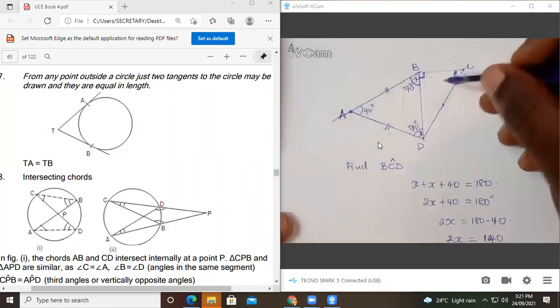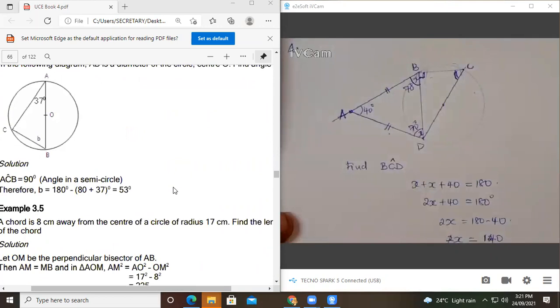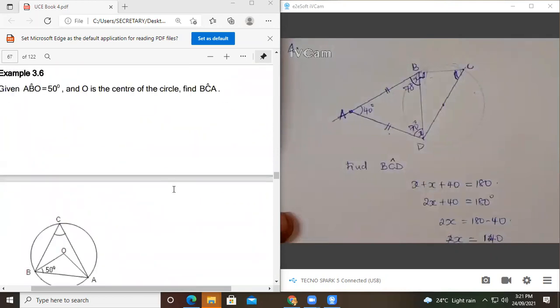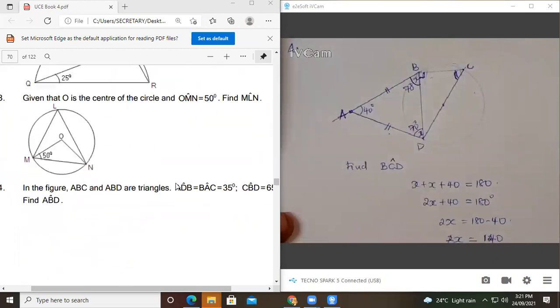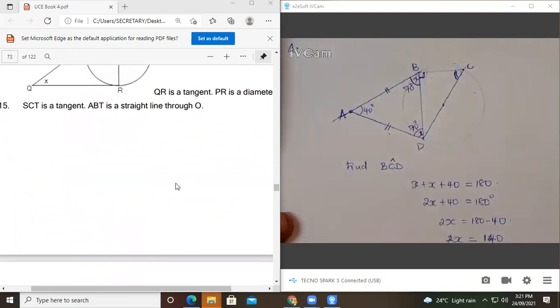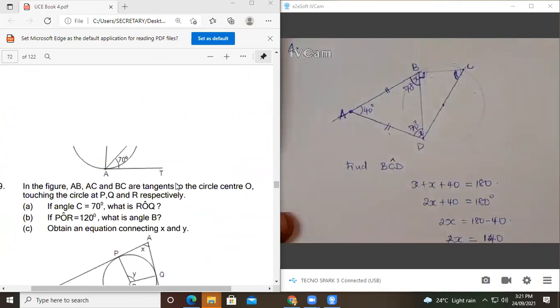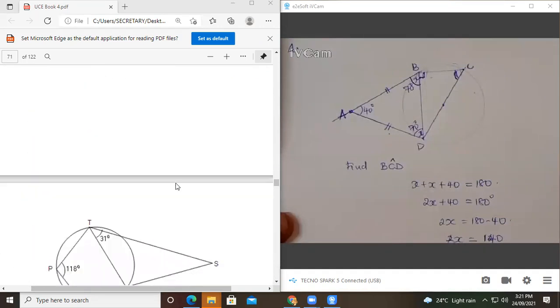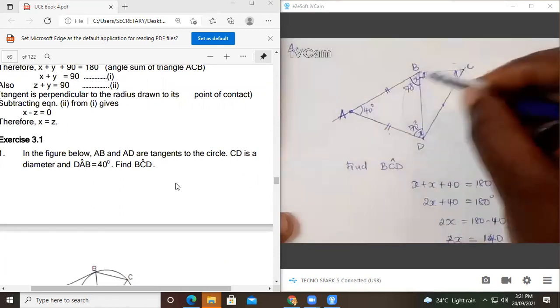The angle C. Because the question is saying, find the angle C. So how do you get angle C? Can I try? Angle BCD. Yes, BCD. Yes, try.